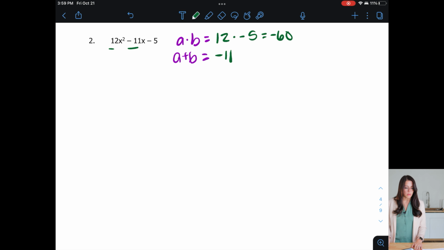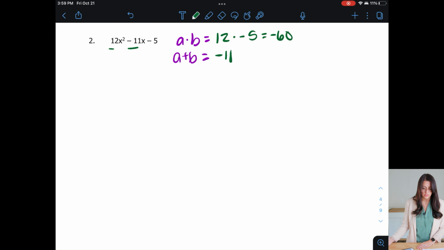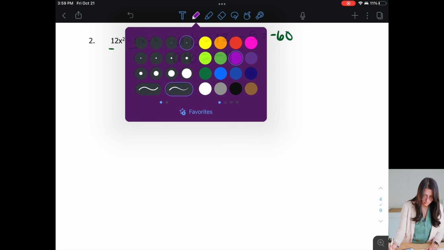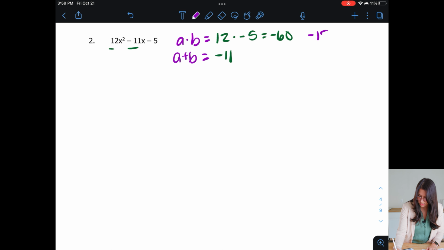Which two numbers when multiplied together equal negative 60 and when added together equal negative 11? Let's try negative 15 and 4. Negative 15 times 4 equals negative 60, and negative 15 plus 4 equals negative 11. So that works out.